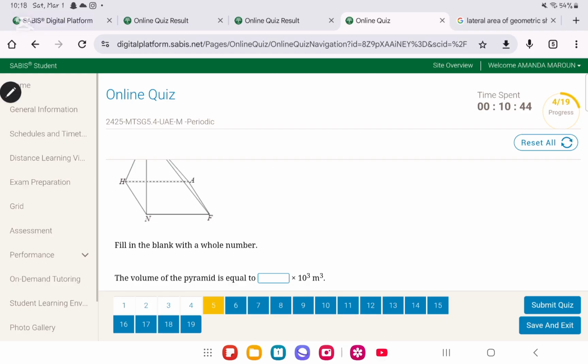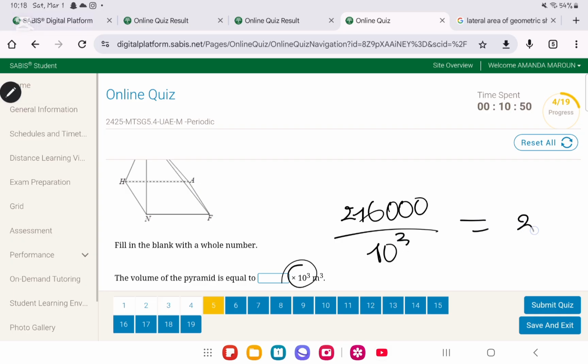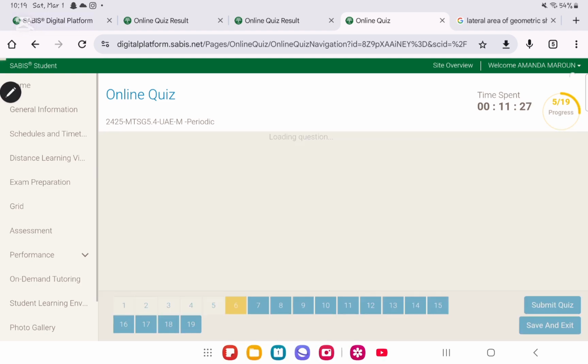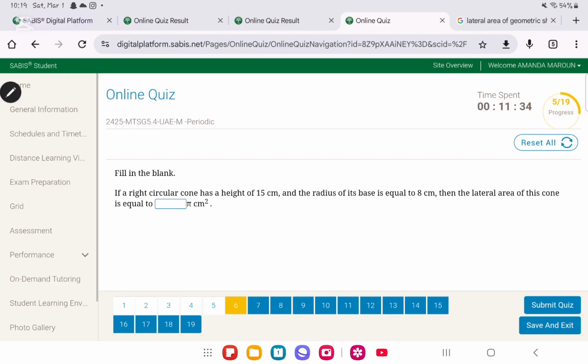But as you can see, they needed times 10 to the power of 3. So 216,000 divided by 10 to the power of 3, you are going to get 216. So the number over here should be 216. We will move on to question number 6.